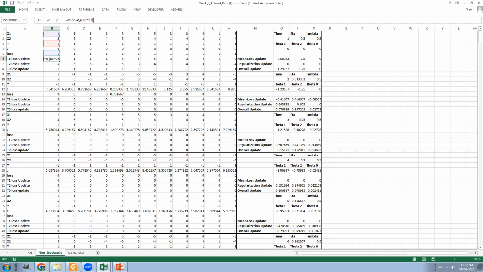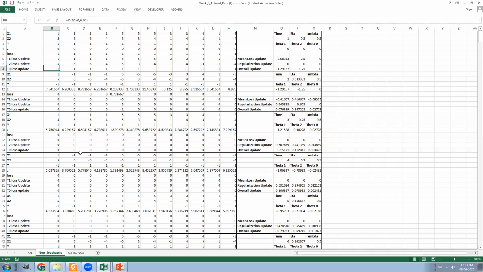Otherwise, we would update based on y times x1 for theta 1, or based on y times x2 for theta 2, or based on just y for theta 0. Now you notice that in perceptron, I did theta 1 plus y times x1, and theta 2 plus y times x2, and theta 0 plus y. I'm not doing that part yet because I need to average these out first. So I'm just doing the y times x1, or the y times x2, or the y part of this.